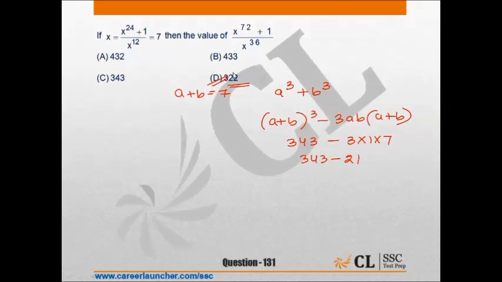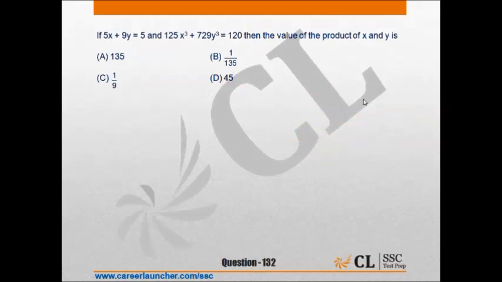That is option D. The next question is, 5x plus 9y is equal to 5, and 125x cube plus 729y cube is equal to 120. Then the value of the product of x and y is? Now a plus b, that is 5x plus 9y, is equal to 5.